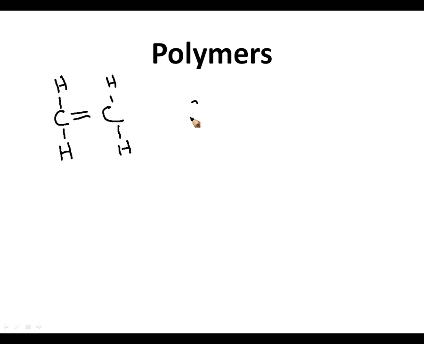And so if I take another ethene over here, so ethene is a monomer that we can use to piece together a long chain polymer. And the way that works is basically it's all about breaking open this double bond.